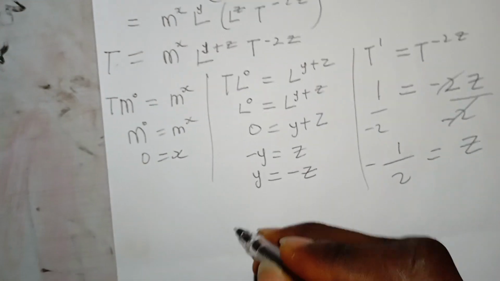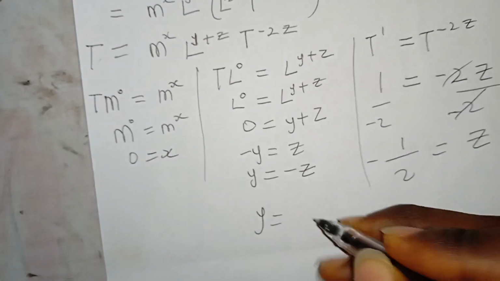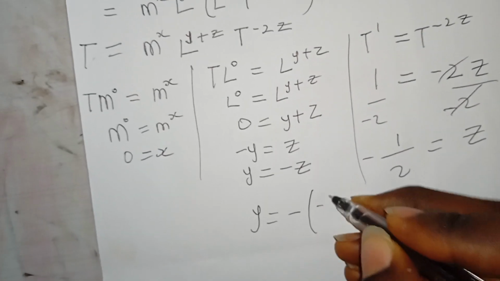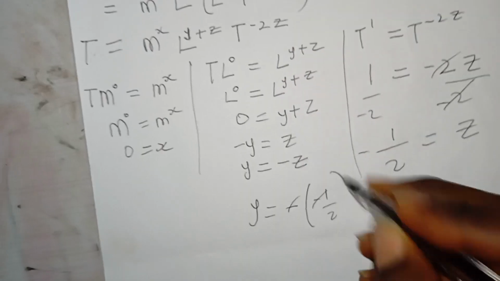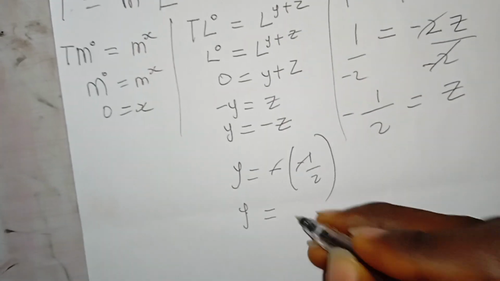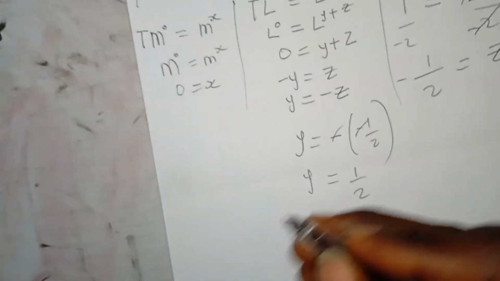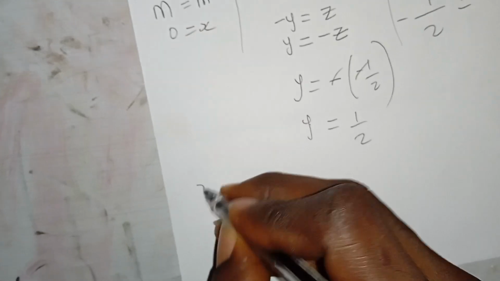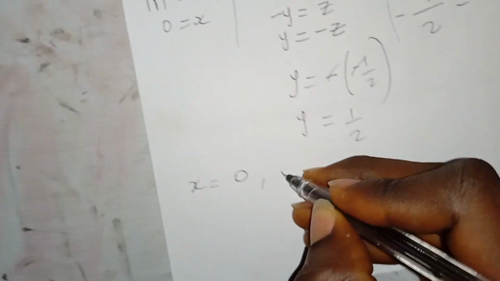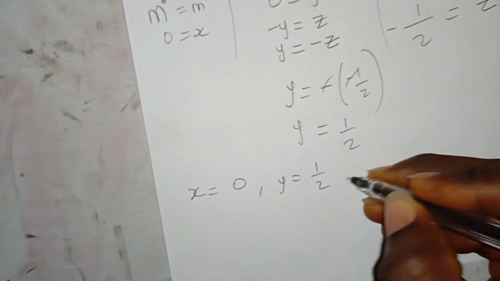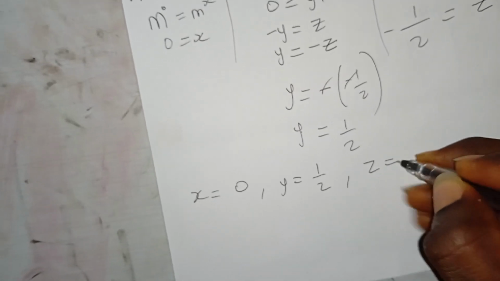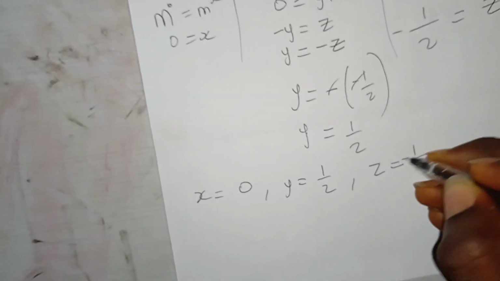So let's substitute the value. y equals minus z, which is minus of minus 1 over 2. This will cancel, so that y is 1 over 2. So the total value is x equals 0, y equals 1 over 2, and z equals minus half.